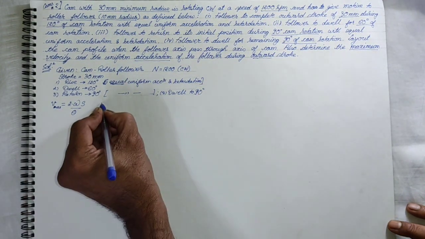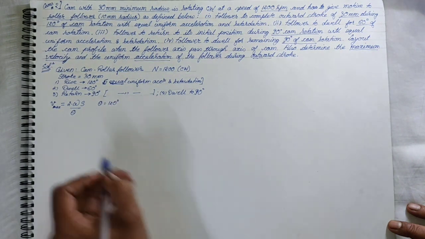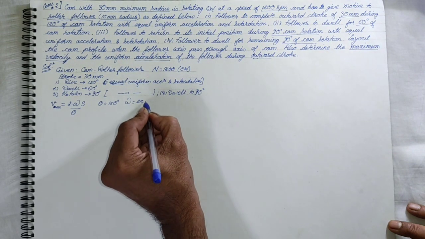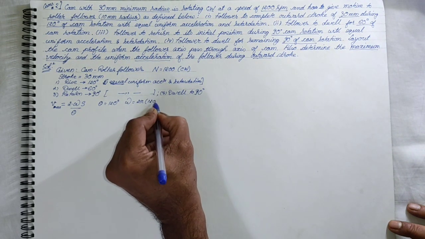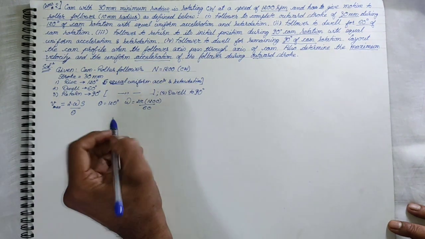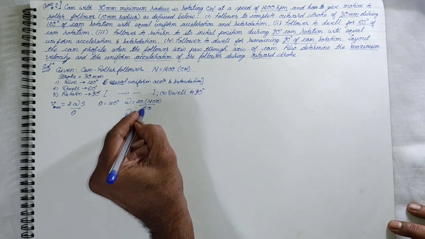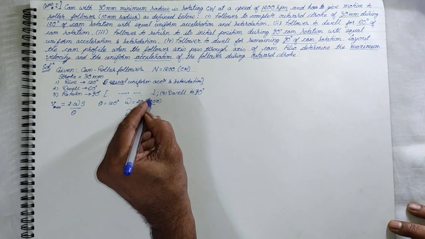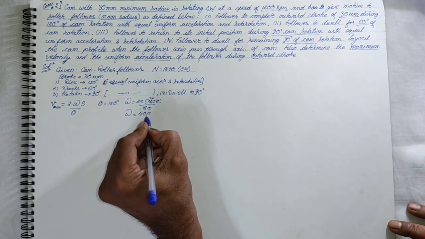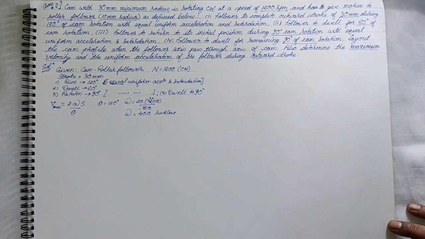So for this, theta is equal to 120 degrees and omega will be equal to 2 pi N, with N given to us as 1200 by 60. So we get omega equal to 40 pi radians per second.